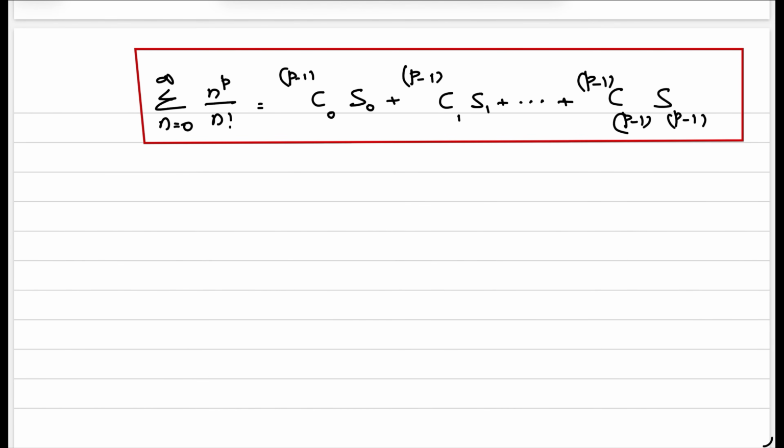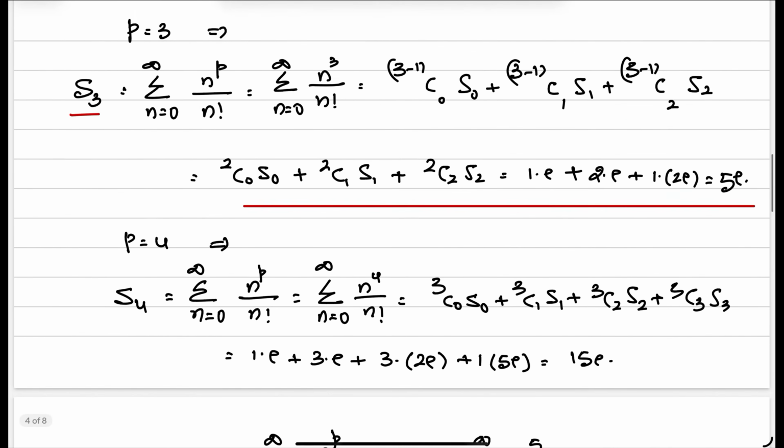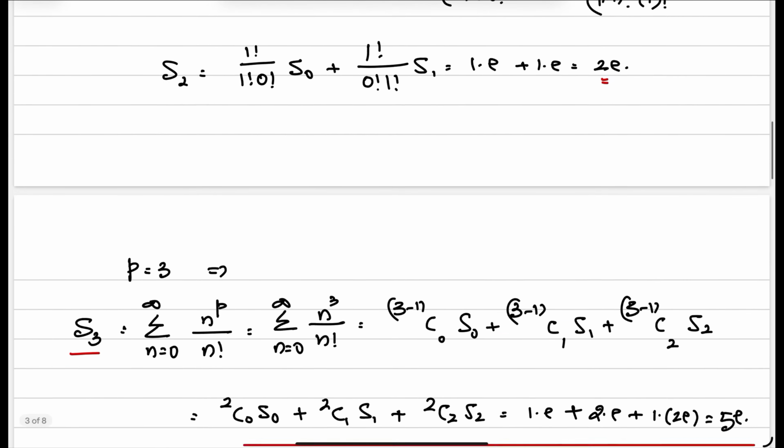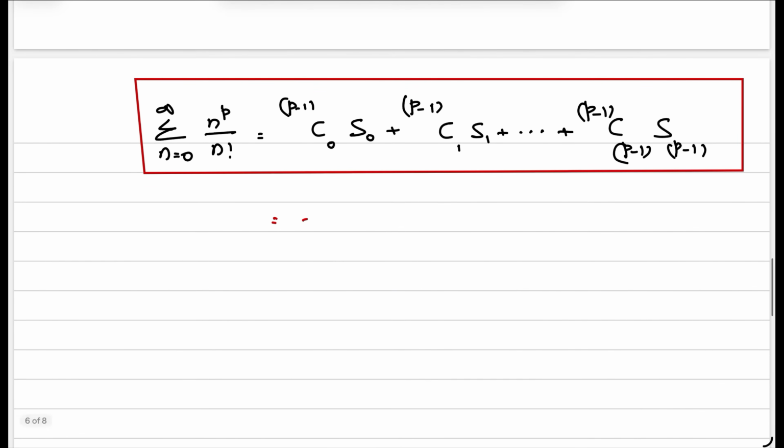And here, this is in the multiples of e. You just see. First value is e, second value is 2e, next value is 5e. That means this is nothing but e into some value Bp.